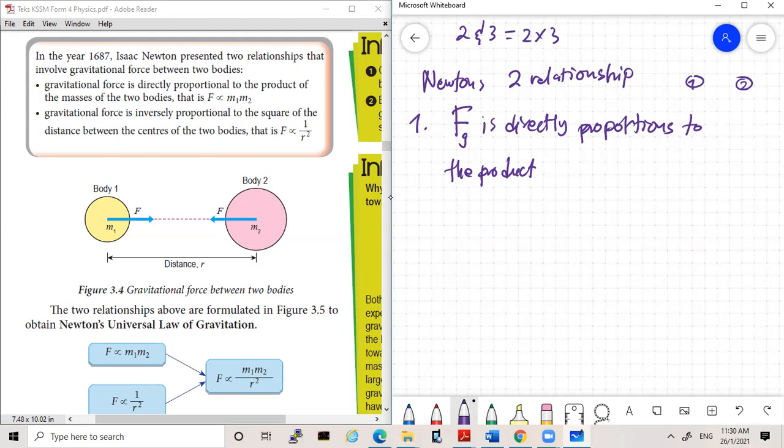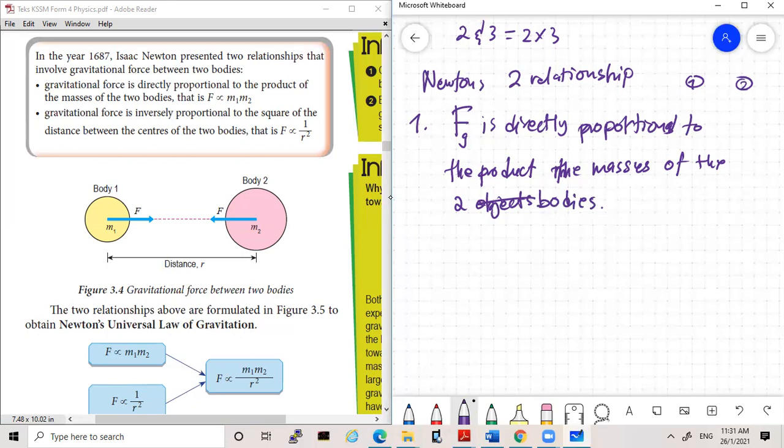So the product here is the product of multiplication, and the force is directly proportional to the product of the masses of the two bodies.